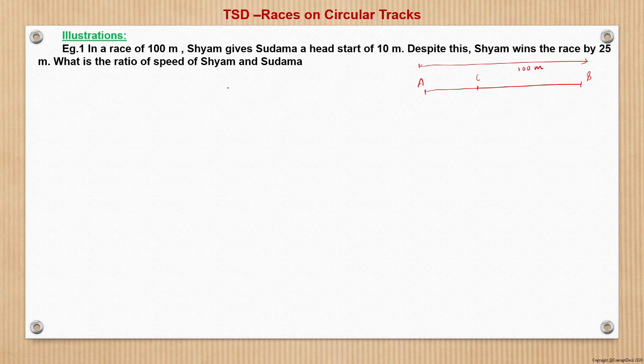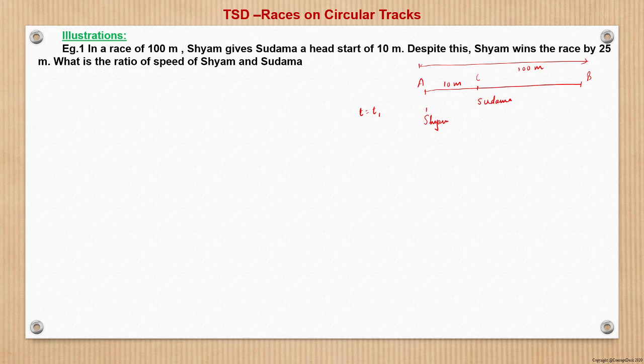Now Shyam gives Sudama a head start of 10 meters. We just saw that a head start of 10 meters means that when Sudama is at C, at time t equal to t1, the position of the two racers is: Sudama is at point C and Shyam is at point A. Then Shyam starts. So this is the position of the two.